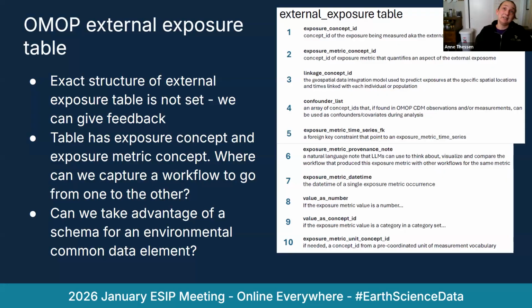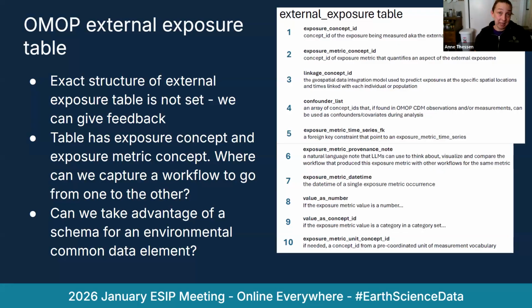Then someone else should be able to go from step one, step two, step three to the exposure, and all that needs to be captured somewhere. It's not entirely clear where that should be captured.